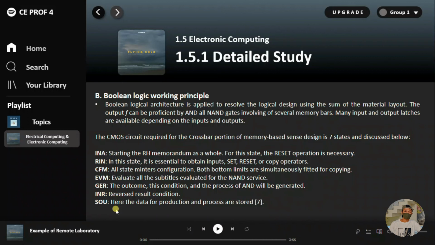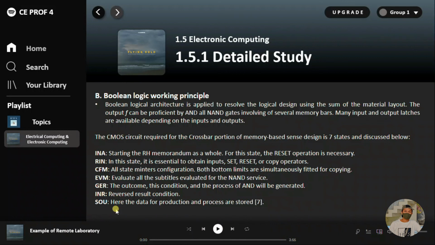So a NAND gate is a logic gate which produces an output which is false only if all inputs are true. So it is the complement of AND. Involving several memory bars, many input and output latches are available depending on the inputs and outputs.